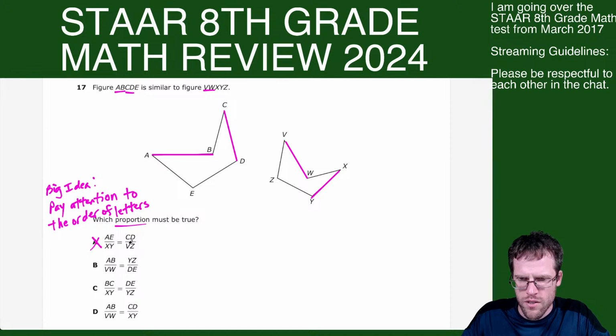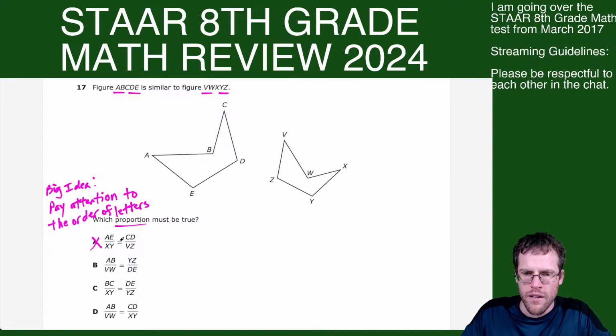Oh, I'm sorry. Let me start that sentence over. The letter theme still works, but I just kind of mixed up the answer choices. Sorry about that. So AB is 1, 2. VW is 1, 2. YZ is, you see how they went from the first shape to the second shape, and now they went from the second shape back to the first shape. So YZ is the last two letters, and DE is the last two letters.